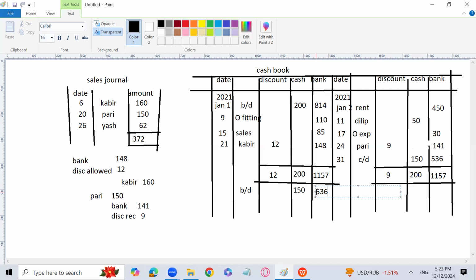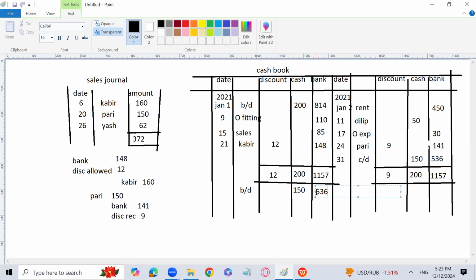If we talk about the bank, we have a balance of 814 at the start, but now the bank balance has decreased, and it will lead to 536.